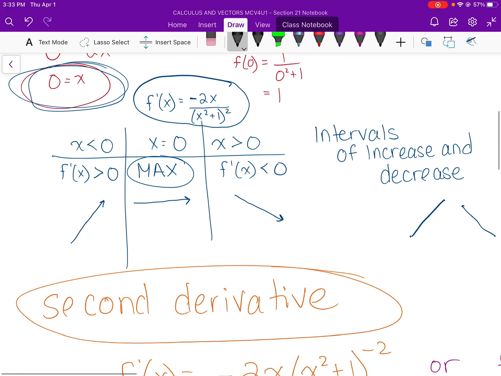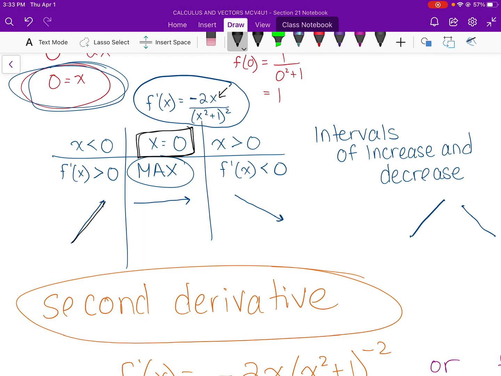So then we set up our intervals of increase and decrease. So we put x equals 0 in the middle, and then we checked out what's happening to the left and the right of that. So to the left, when we subbed a value into the derivative for x that was less than 0, like -10, we found out that this function is going to equal a number bigger than 0. It's going to be positive.